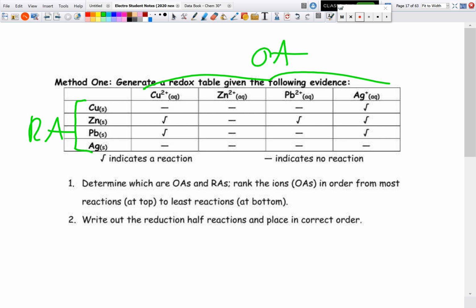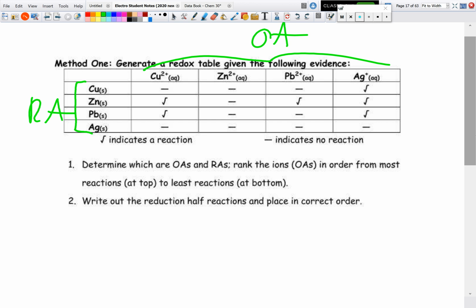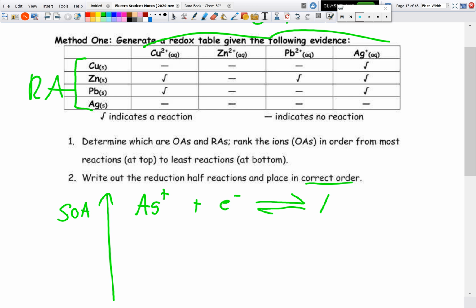Now, when we're looking for the strongest oxidizing agents, obviously the ones that react the most should be the strongest. We can tell right here that silver reacts with copper, zinc, and lead, so my strongest oxidizing agent is going to be silver. If I'm writing out reduction half reactions in the correct order, my first one, my strongest oxidizing agent, should be silver going to silver solid, because it reacts 3 times.